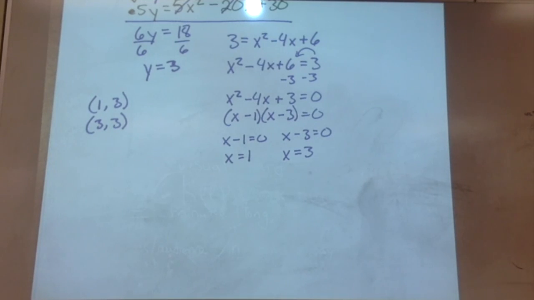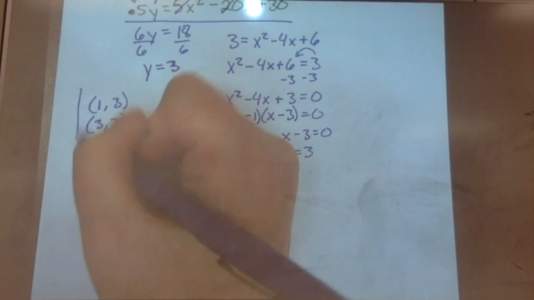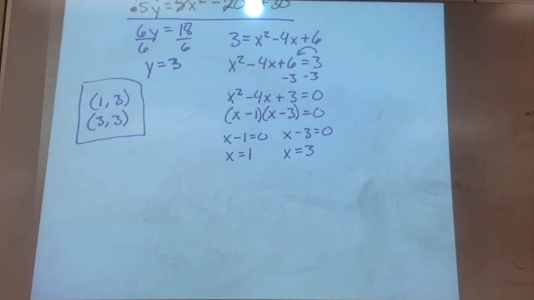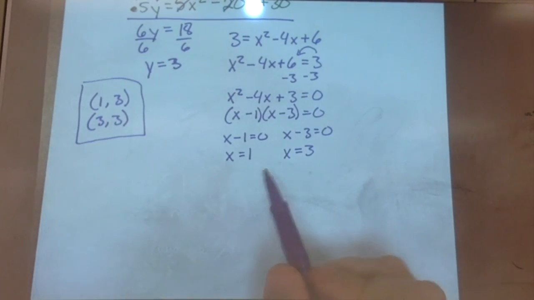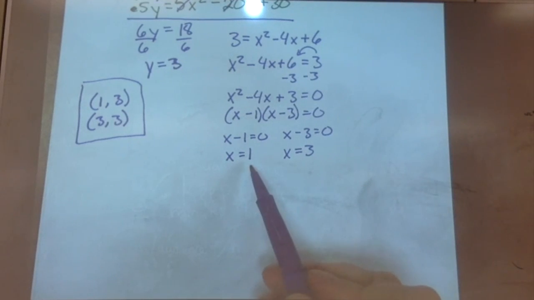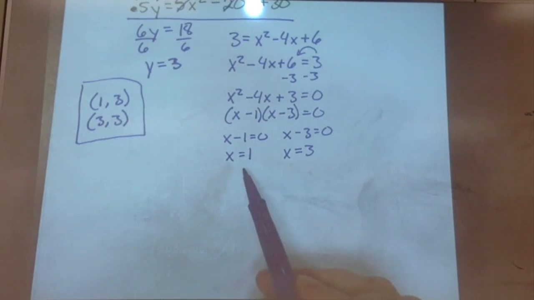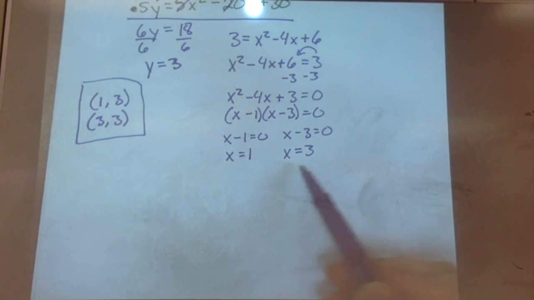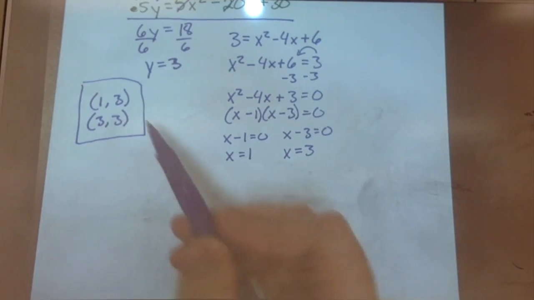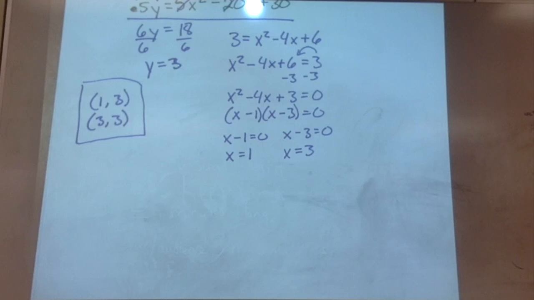So these are the solutions. x is equal to 1 when y is equal to 3, and x is equal to 3 when y is equal to 3. So these are your two solutions.